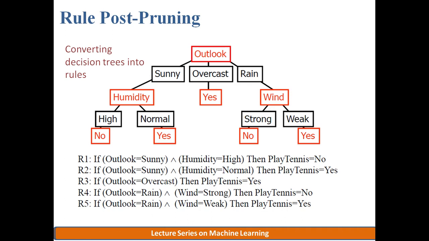Next, each such rule is pruned by removing any antecedent, or precondition, whose removal doesn't worsen the estimated accuracy. So what is an antecedent? The antecedent is the if part of the rule. Given the above rule, for example, rule post pruning would consider removing outlook equal to sunny and humidity equal to high.